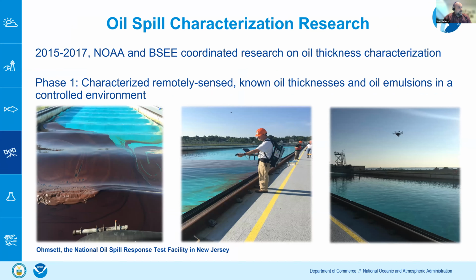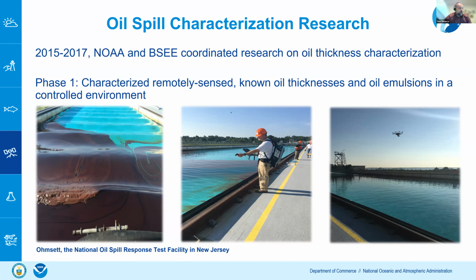Okay, SAB also takes part in assisting with the collection of satellite data for oil spill research. Between 2015 and 2017, NOAA and BSEE coordinated in situ studies and satellite imaging strategies to gain an understanding of oil thickness characterization with high resolution optical satellite data. Phase one of the study involved the release of hundreds of gallons of crude oil at Ohmsett.